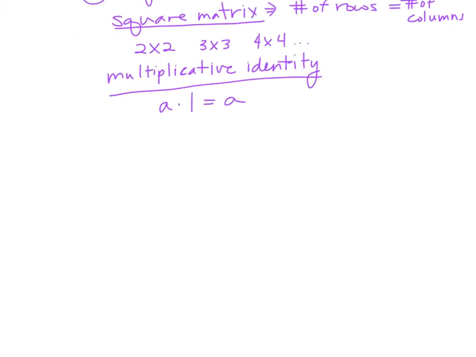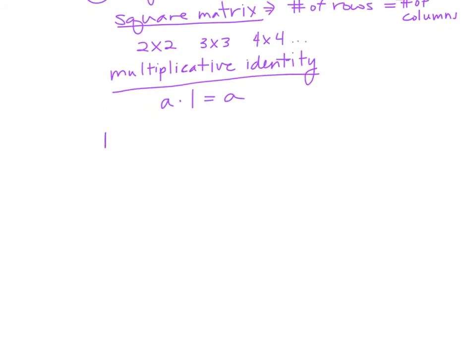So the identity matrix, like for a 2x2, okay, so I of 2 is saying the identity matrix for a 2x2 is 1, 0, 0, 1. Any matrix that you multiply by that will get you the same matrix back.